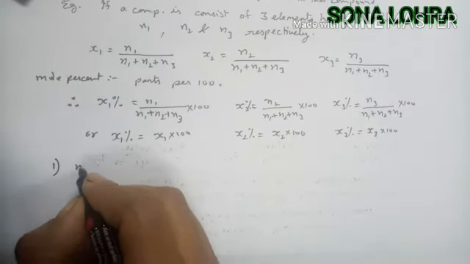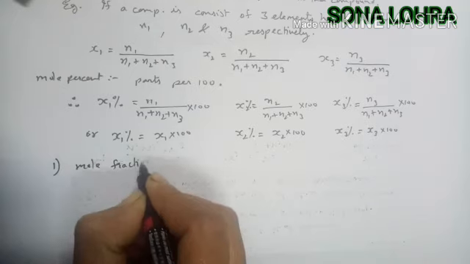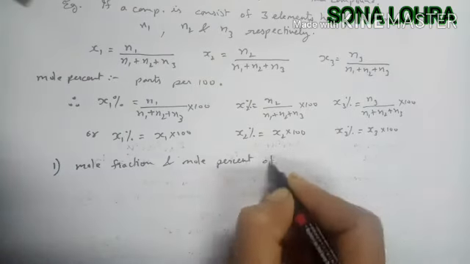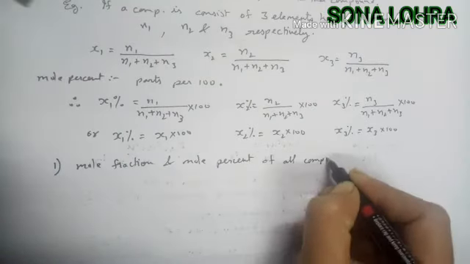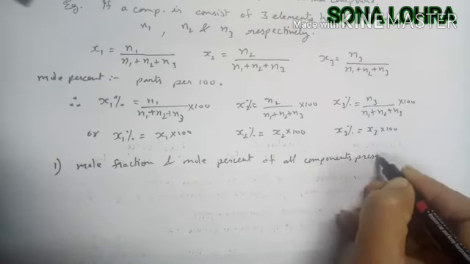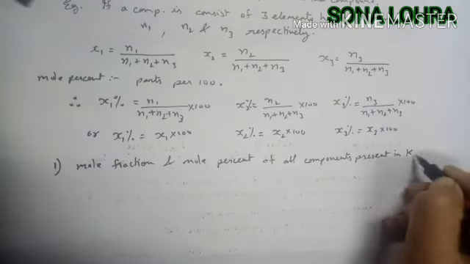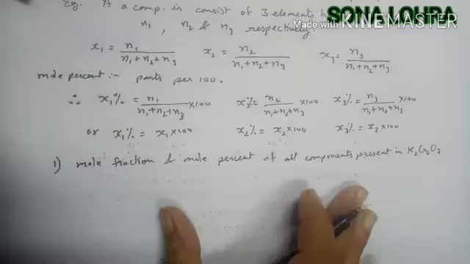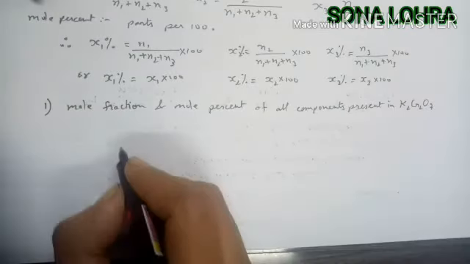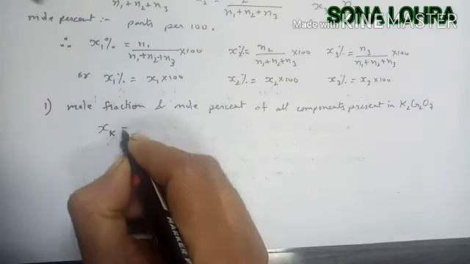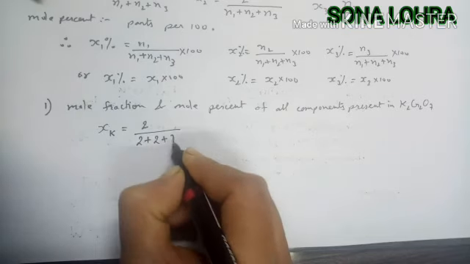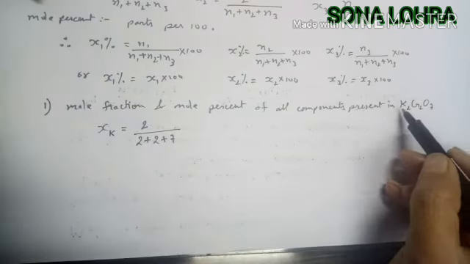Let us take an example of K2Cr2O7. Calculate mole fraction and mole percent of all the components present in K2Cr2O7, potassium dichromate. As we can see, the number of moles of potassium in this compound is 2, chromium is 2 and oxygen is 7, which is written below the symbol.